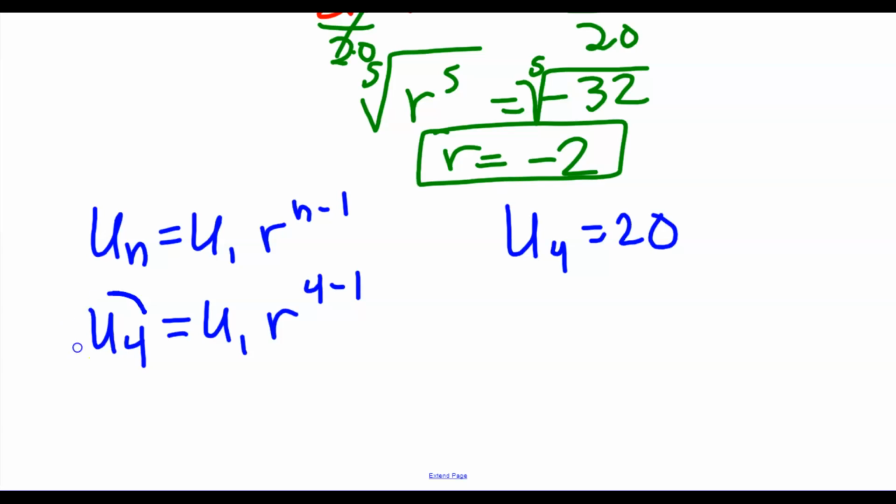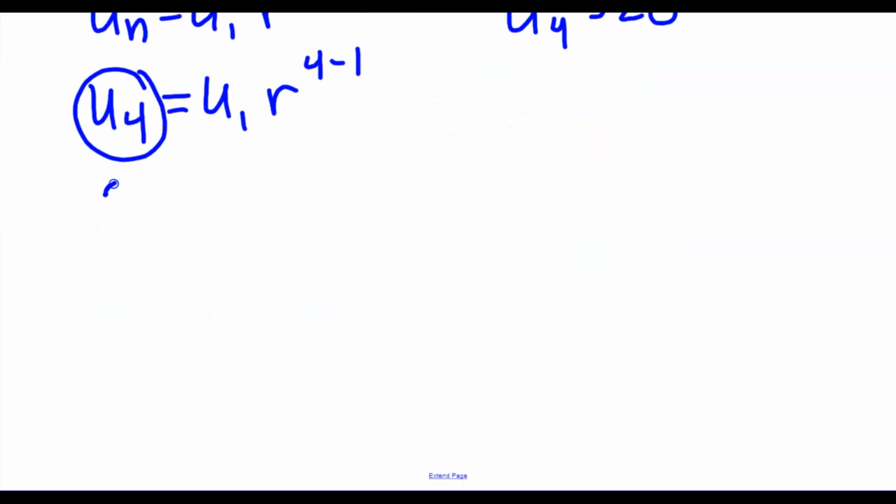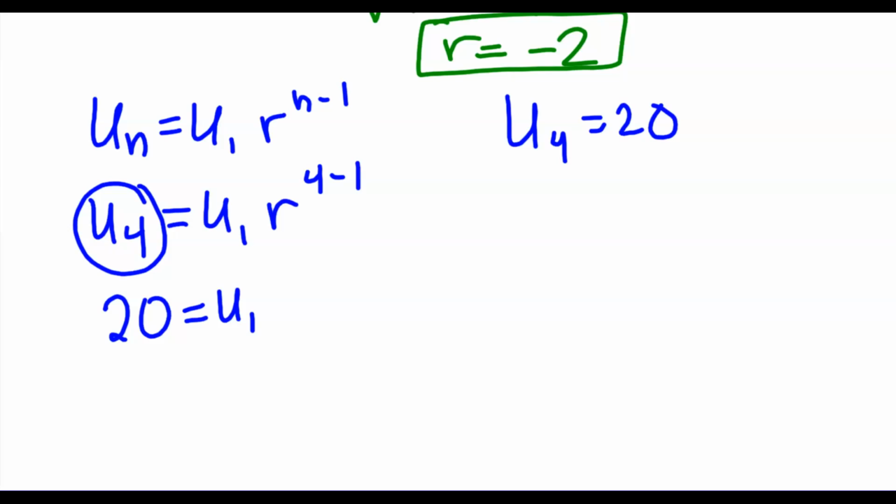Now, I know what u4 is. I know what the fourth term is. It's 20. So I'm going to put 20 here. And u1. I also know that the common ratio, which we just found, is negative 2. And 4 minus 1 is 3. So negative 2 raised to the third power is negative 8.